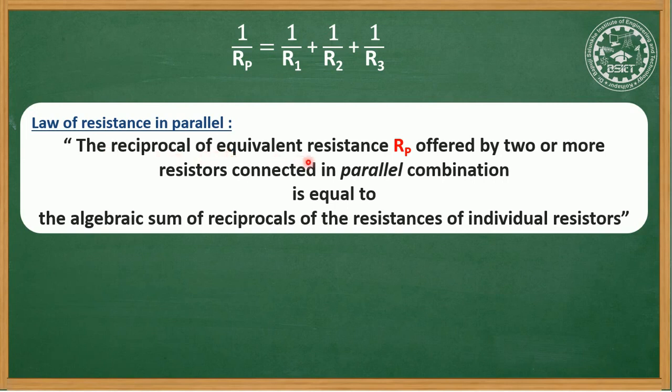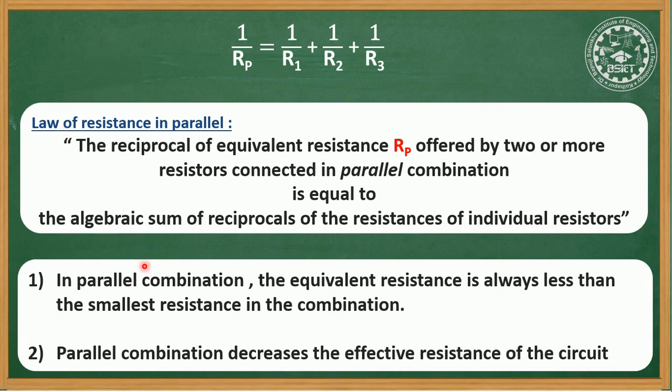The reciprocal of equivalent resistance Rp offered by 2 or more resistors connected in a parallel combination is equal to the algebraic sum of reciprocals of the resistances of individual resistors. म्हणजे 1 upon Rp हे बरोबर असतं कुणाच्या, तर अल्जेब्रिक सम, कुणाची बेरीज, द रेसिप्रोकल्स ऑफ इंडिव्हिज्युअल रेजिस्टन्सेस. See, 1 upon Rp is equal to 1 upon R1 plus 1 upon R2 plus 1 upon R3. Okay, this is the law of resistance in parallel.